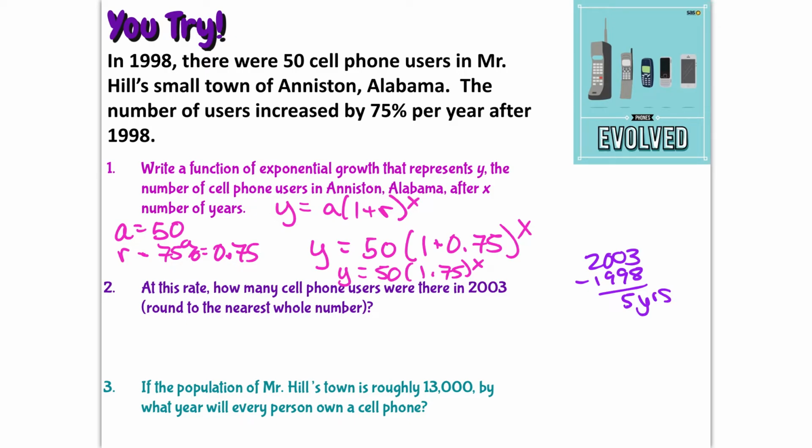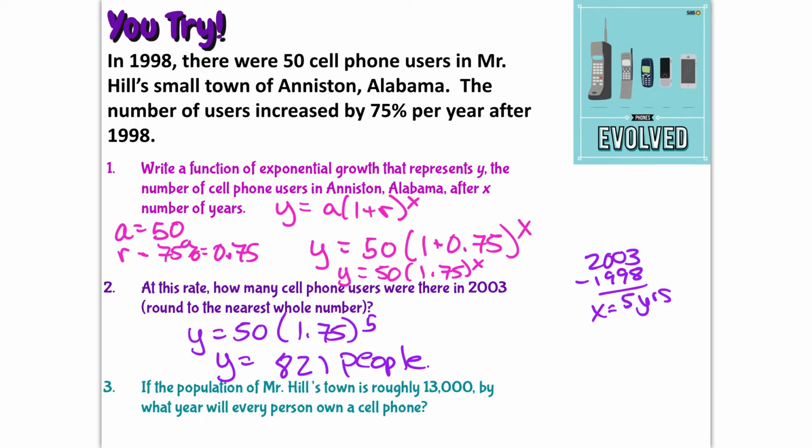So that is our x. x is equal to 5 years. So now I have y is equal to 50 times 1.75 to the 5th. So in this case, y is equal to 821 people.